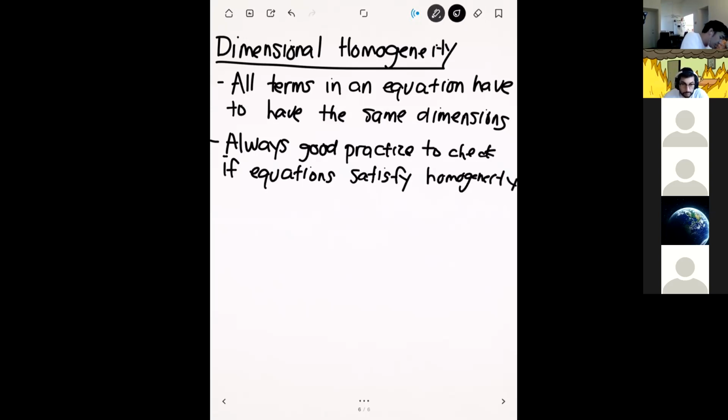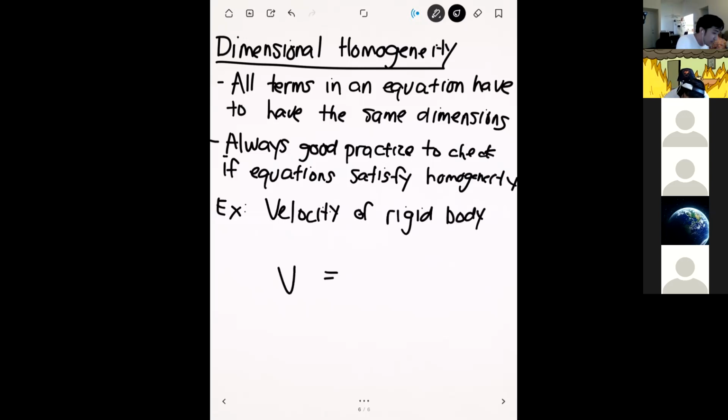Okay, so let's do an example to show you what I mean by this. Let's take a simple equation that you've probably seen from your physics classes: the velocity of a rigid body. I'm going to write it kind of big here so that we can do our checks.